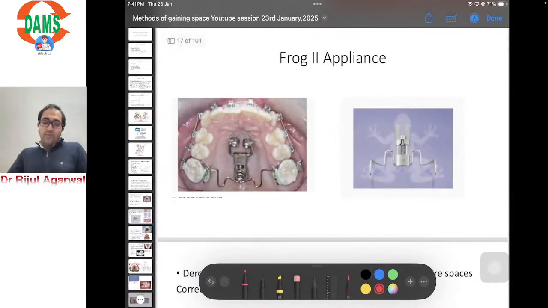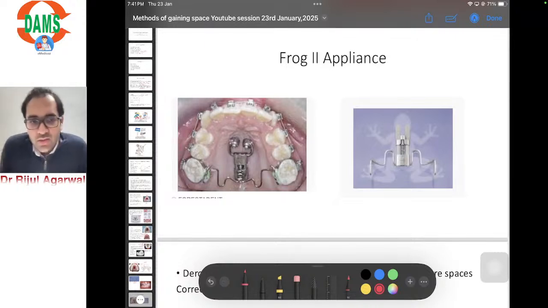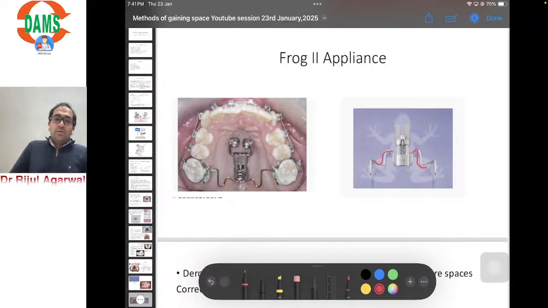Next, this is the frog appliance. This appliance image came in your previous NEET, the May 2024 exam. This is a trademarked appliance by the company Forestadent. It looks like the legs of a frog, which is why they named it the frog appliance.